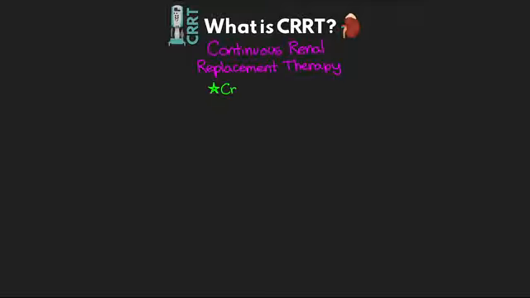And so what CRRT is designed for is for the critically ill patient who oftentimes is unable to tolerate the rapid, short iterations and the accompanying fluid and electrolyte shifts that we typically will see with intermittent hemodialysis. And so, as its name suggests, instead of the typical 3 to 4 hour run times that we see with normal dialysis, CRRT is running continuously, 24 hours a day. And so this is going to be better tolerated by our unstable patients.